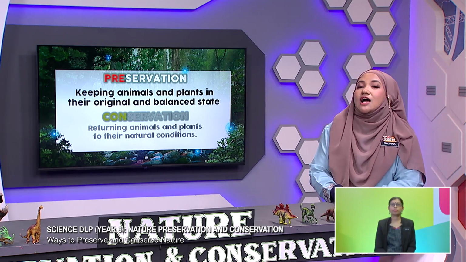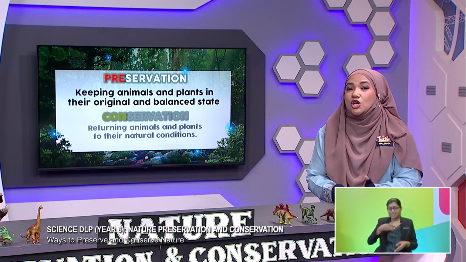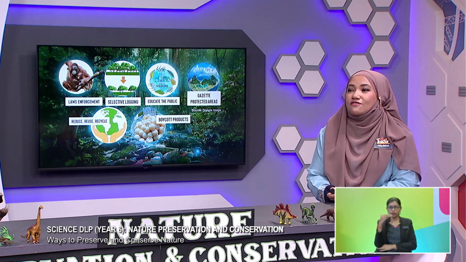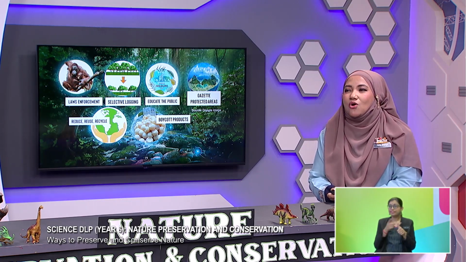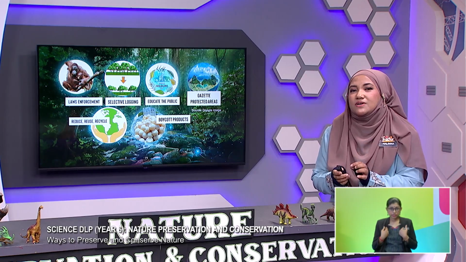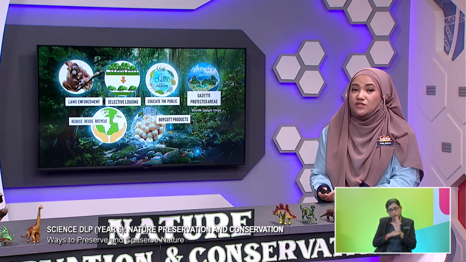So now I'm going to show you some of the ways or the efforts that we can do to preserve plants and animals. Let's start with the first one, which is law enforcement. There are certain animals that are already endangered. Endangered animals are animals whose numbers have already depleted. There are very few left in this world.